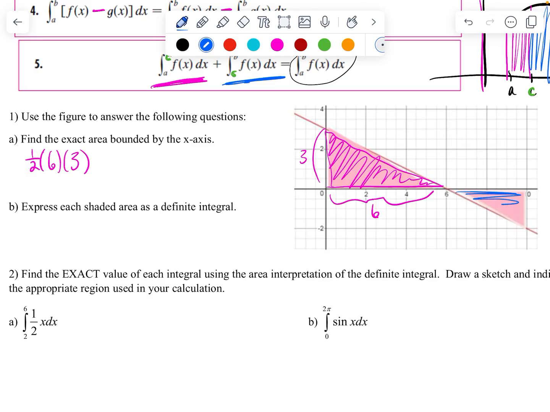And then because this other part of the graph is below the x-axis, you're going to subtract it. Because think about your heights being negative, okay? So every time it's below the x-axis, it's going to be negative.